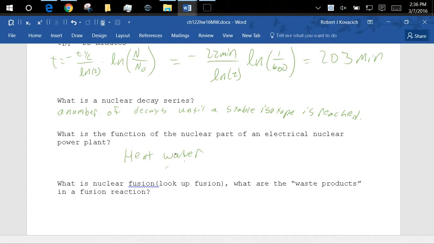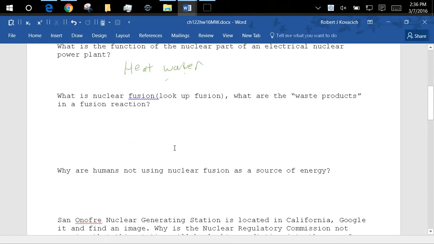Coal, wood, natural gas, garbage, tires. You can see all kinds of different things. So really just a super expensive water boiler.